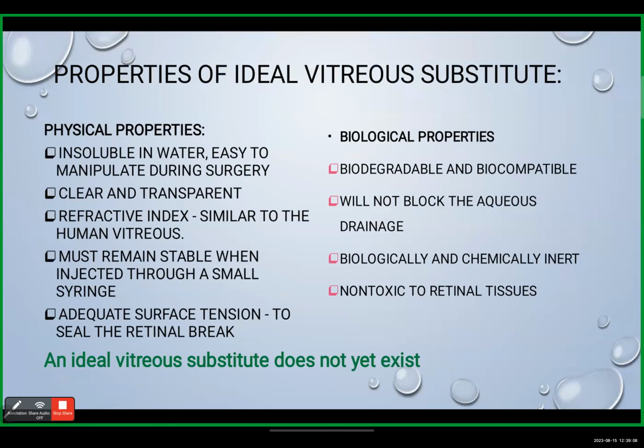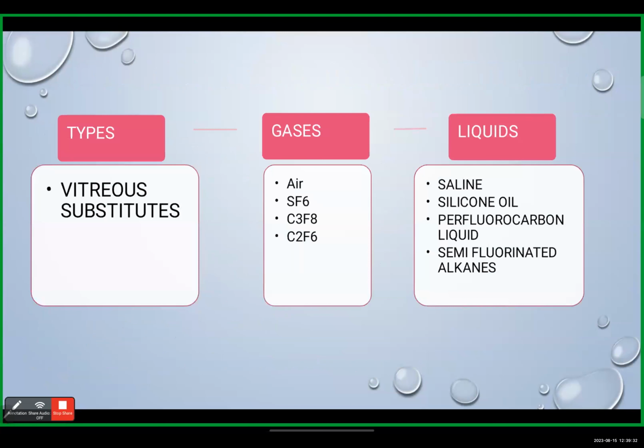An ideal vitreous substitute must be clear and transparent and insoluble in water, easy to manipulate during surgery, and have similar refractive index to human vitreous. It must be biodegradable, biocompatible, not block aqueous drainage, and be non-toxic to retinal tissue. Till now, an ideal vitreous substitute does not yet exist. We have two types of vitreous substitute: gases and liquids.